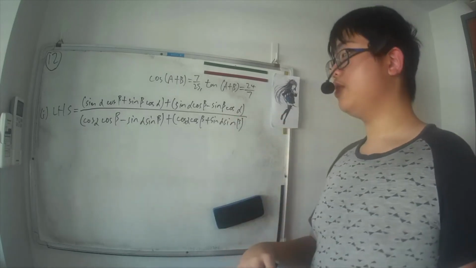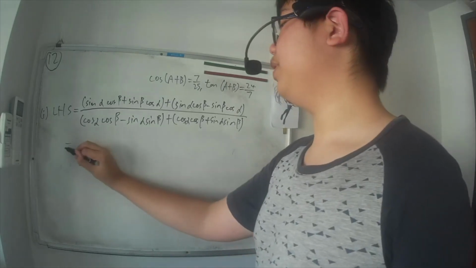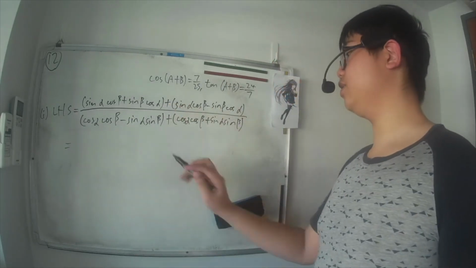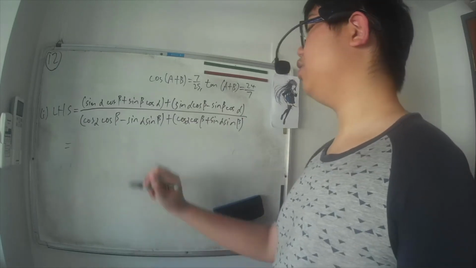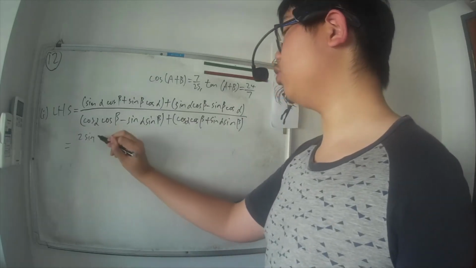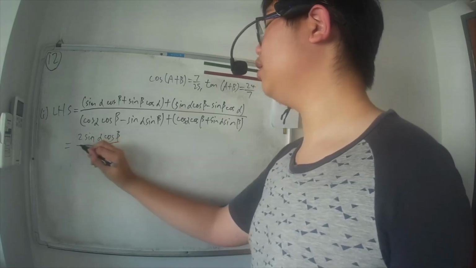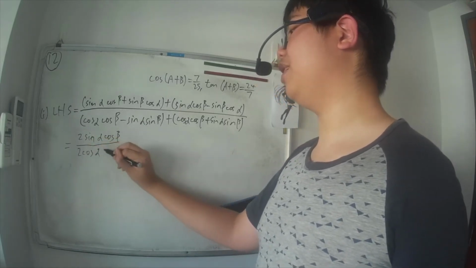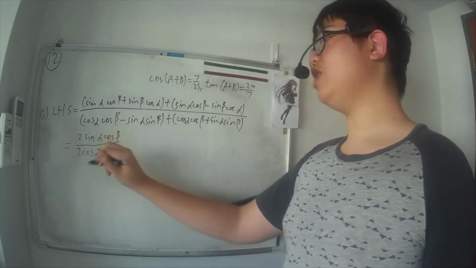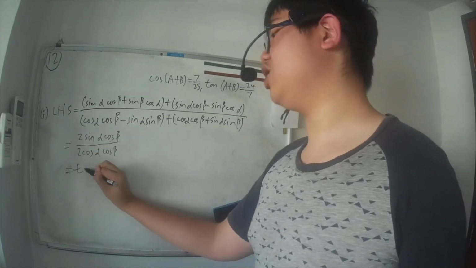Okay, so let's see. Notice that this plus and minus cancel, this plus and minus cancel. So now you're left with 2 sine alpha cosine beta all over 2 cosine alpha cosine beta. And your 2's and your cosine beta cancel out. This is tangent alpha.